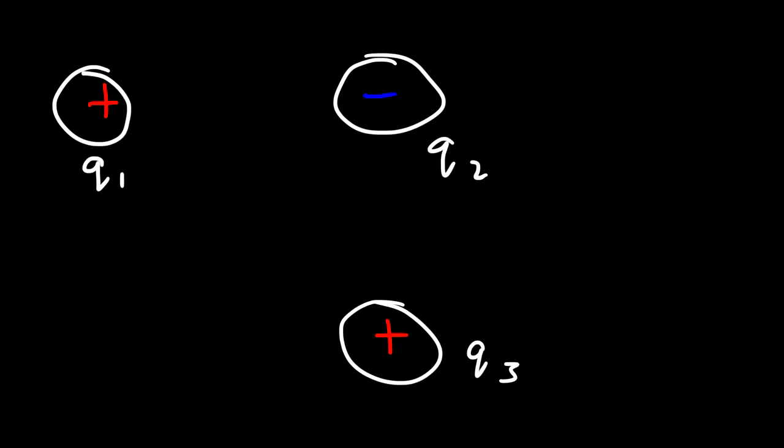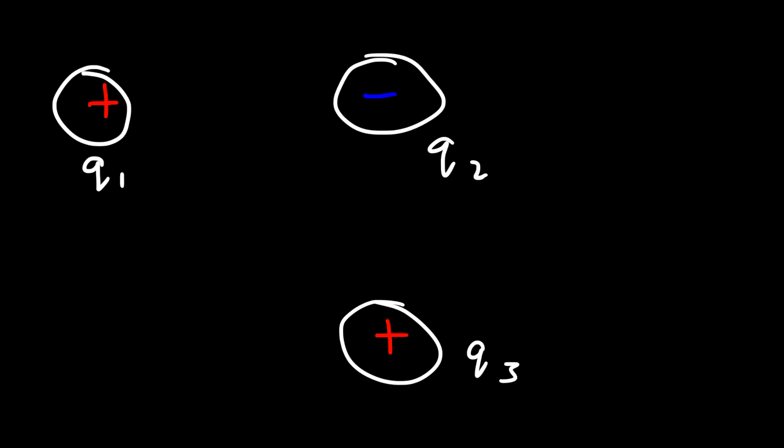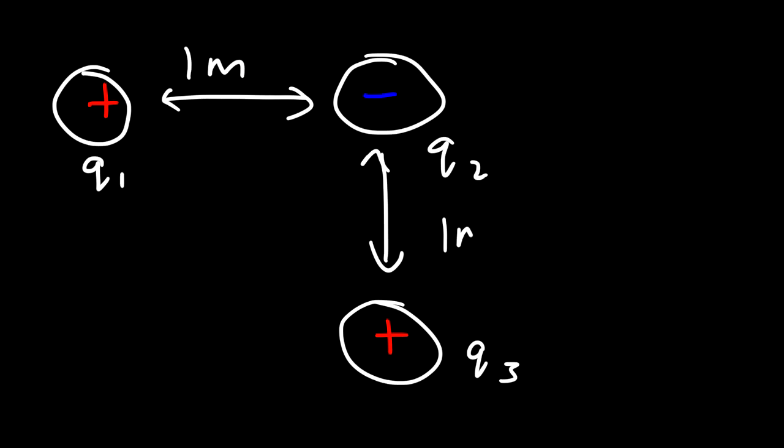Is it this way? Is it that way? Is it going north? Is it going south, east? What is the direction of the net electric force? And let's say that each charge has the same magnitude and all of the charges are equidistant from each other. So let's say Q1 and Q2, they're 1 meter apart, and Q2 and Q3 are also 1 meter apart.